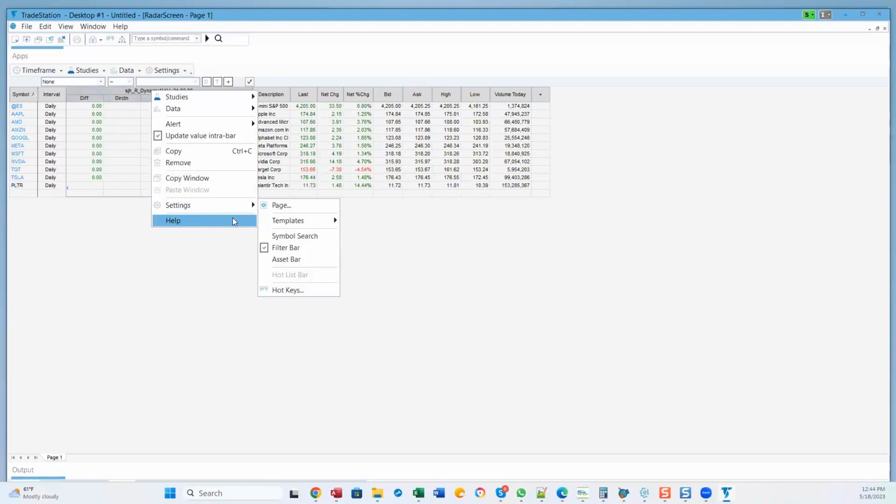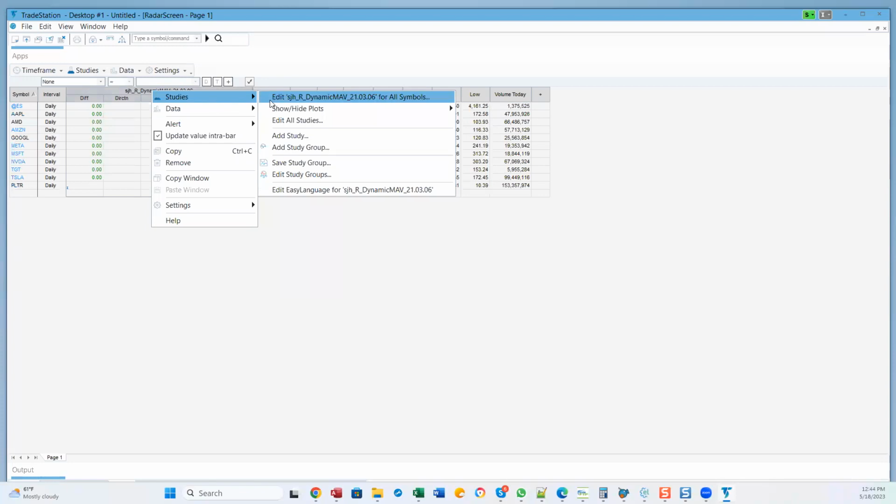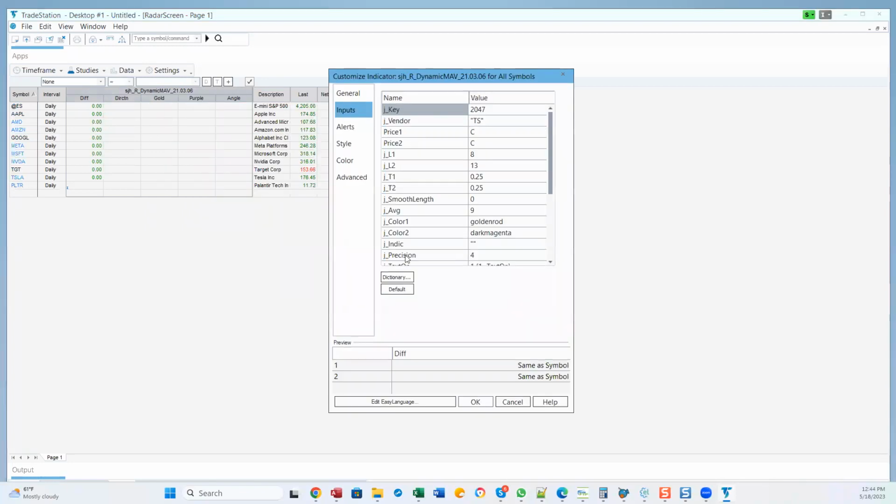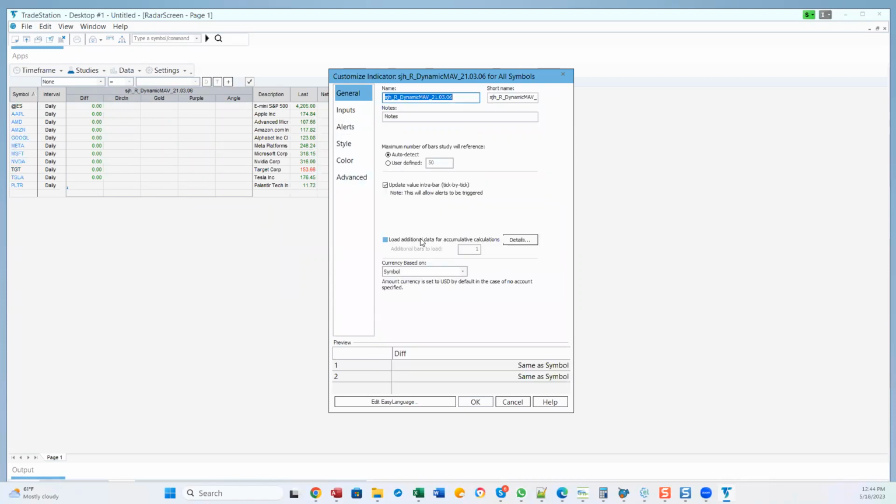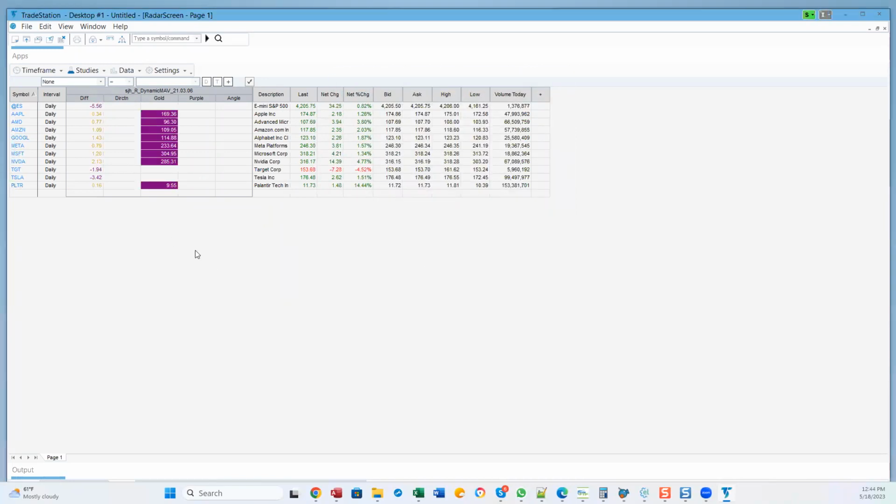Let's see, settings. That's not right, studies. And let's set bars back. That's the problem. Now it's bringing it up and showing us the colors.